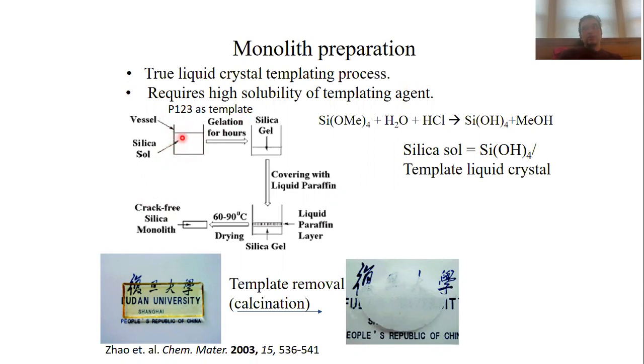All right, so for instance, you can use P123 as a template, and you can again first prepare your silica sol. Okay, you can start out with tetramethoxysilane, for example, hydrolyze it in water and hydrochloric acid to form silicic acid and methanol in the presence of that template, okay, whereby the concentration of the template is now so high in that vessel that it actually forms a liquid crystal.